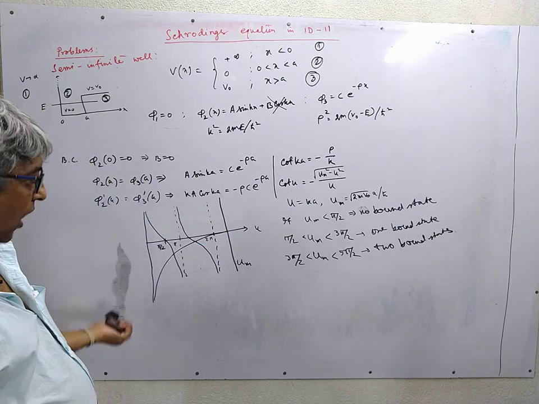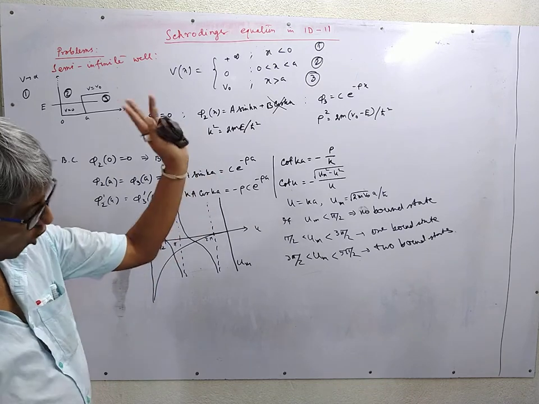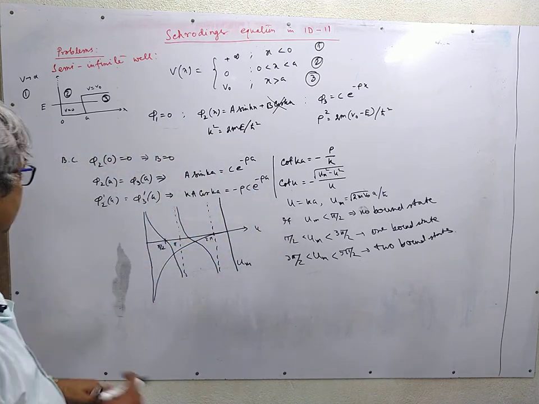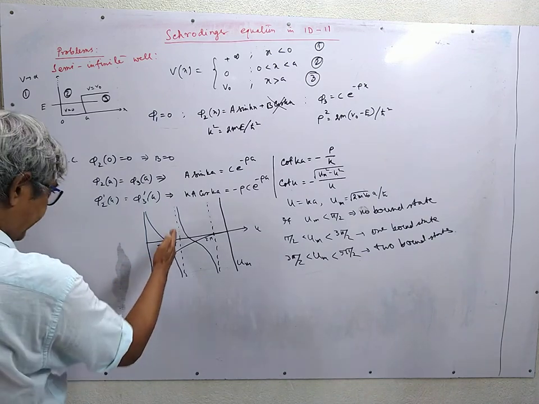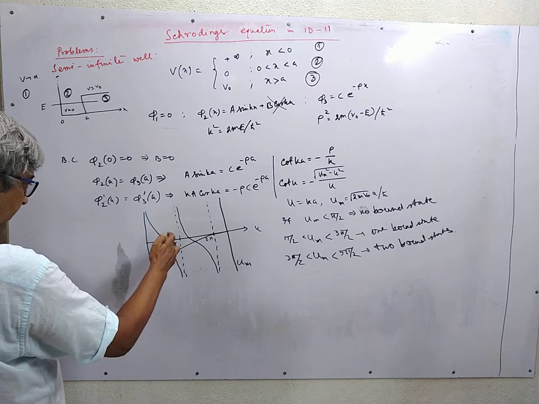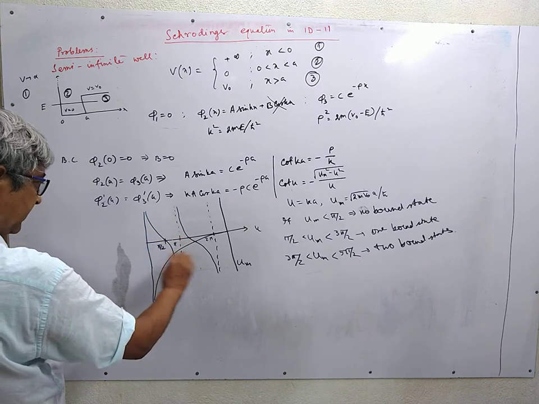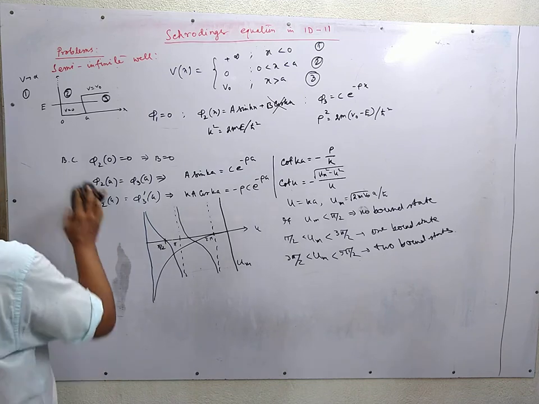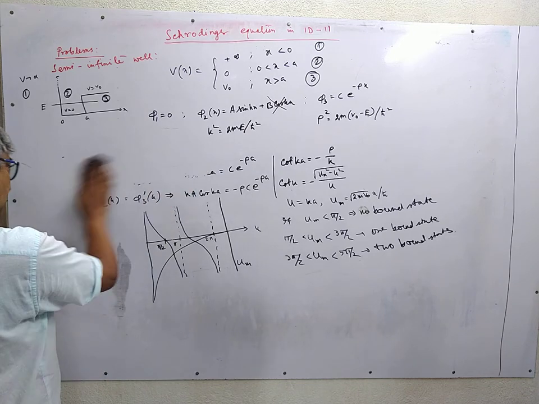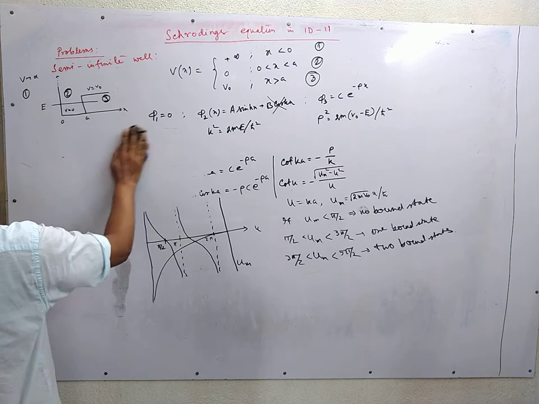So the bound states only come from the odd parity states. This is one problem, and you can find out u1, u2, u3, and so on. You can find this out by computer programming.